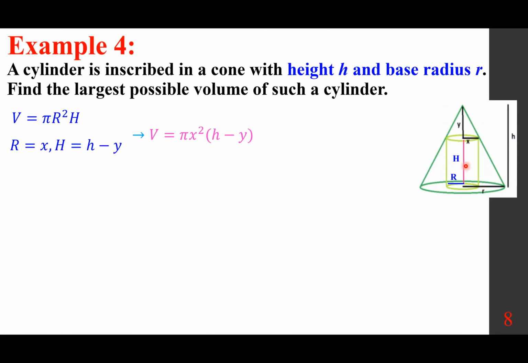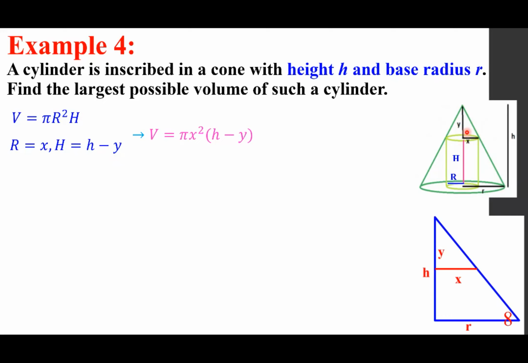Look at this shape. This is the large triangle, and this is the small one inside. Clearly, the small one and the large one, I made it larger so it's easier to see, are similar figures where this distance is y, this distance is x. For the big one, this distance is h. For the big one, this distance is r.